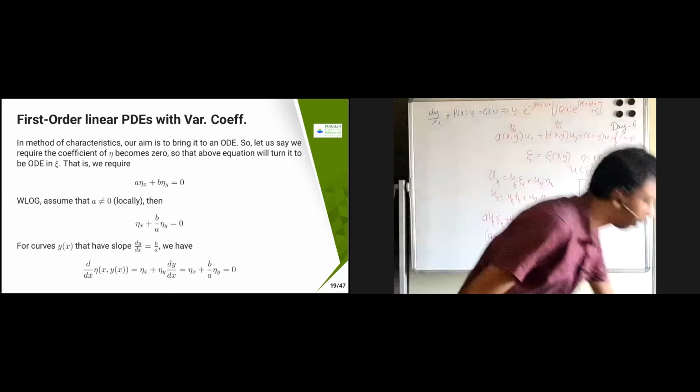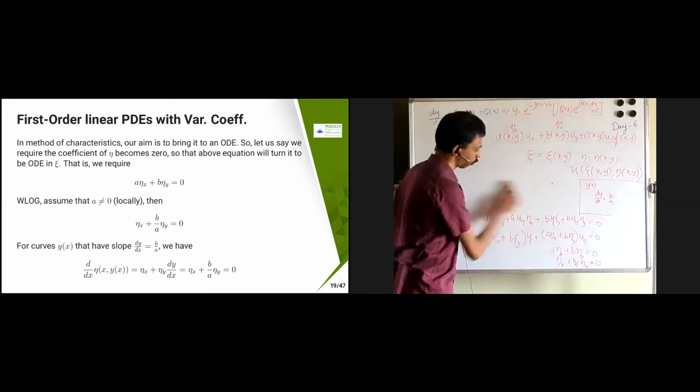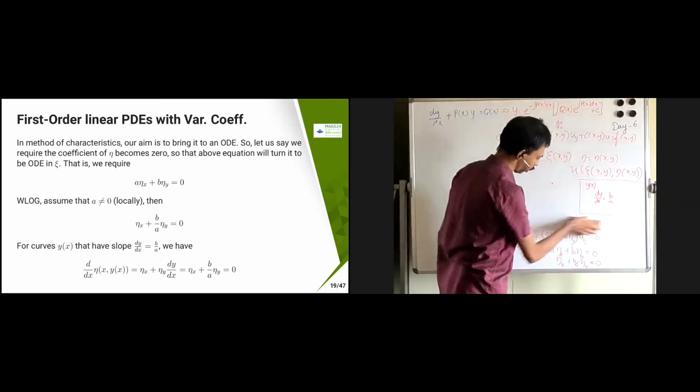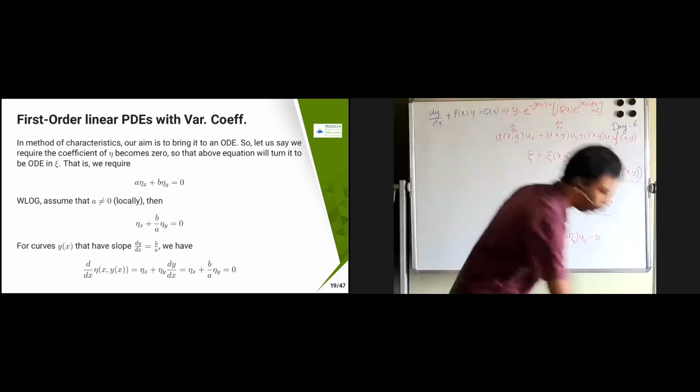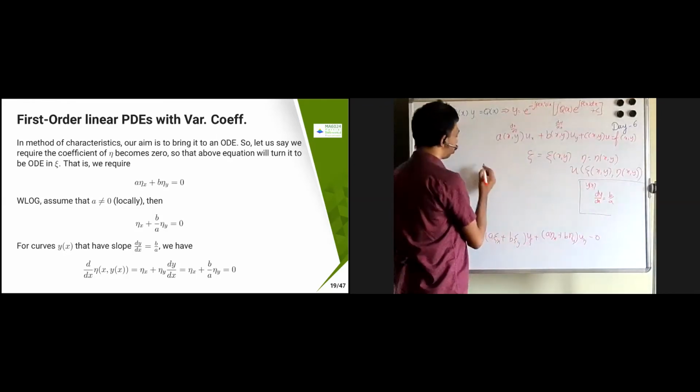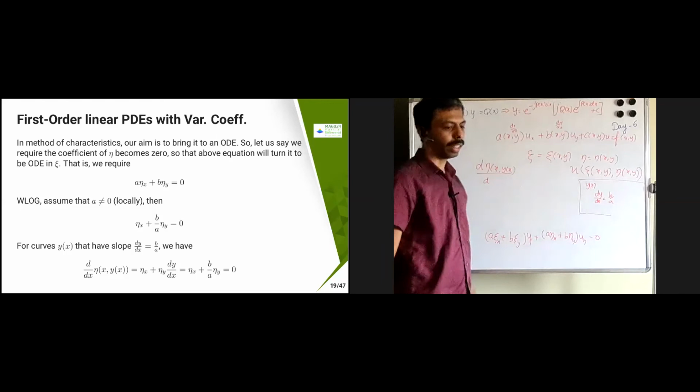I'll just erase this, I don't have space. Only this one, let it be there. So what I'm going to choose is: what is d of eta of x comma y of x by dx?